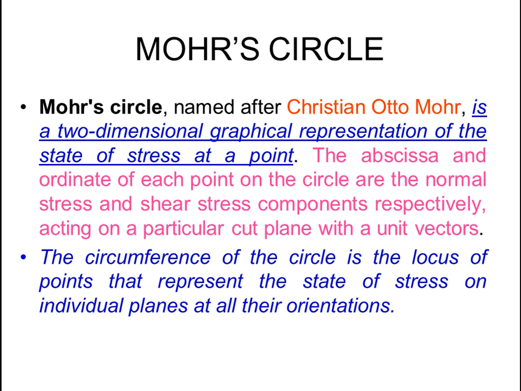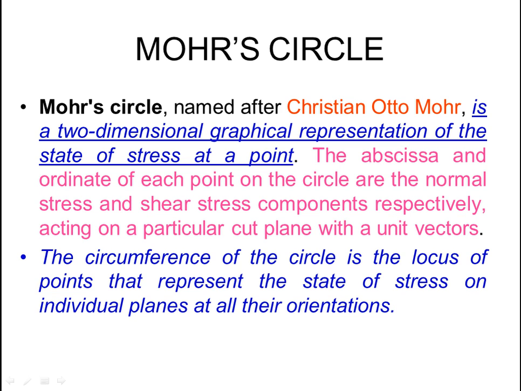These are the formulas which are generally used to determine the unknown stresses with the help of known stresses. But the same thing can be determined by using a graphical method called the Mohr circle. The Mohr circle, named after Christian Otto Mohr, is a two-dimensional graphical representation of the state of stress at a point.